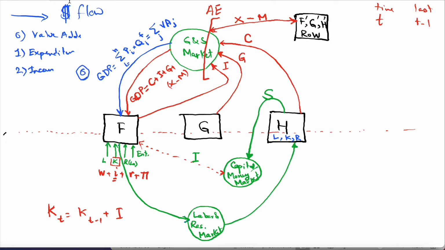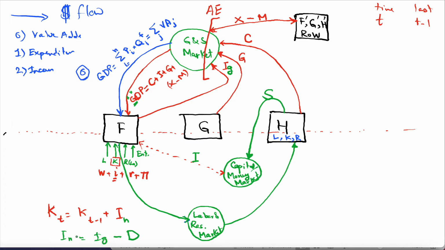The reason that we call it gross domestic product is because this is gross investment, and actually it's not correct, because if you want to really know how much is added, you have to put the net investment here. The net investment is the gross investment after deducting the depreciation.